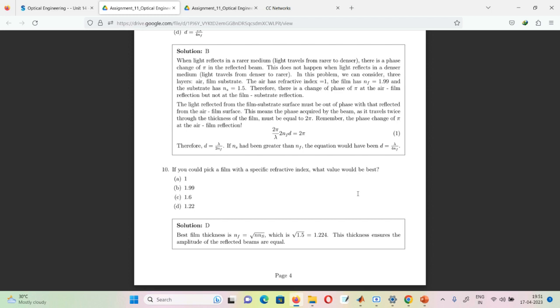This kind of question can come. Instead of asking anti-reflection, they can ask which light will transmit more. The light that is getting reflected less will transmit more. So instead of asking you to make an anti-reflection coating, the same question can come that way, asking for the maximum transmitting wavelength.